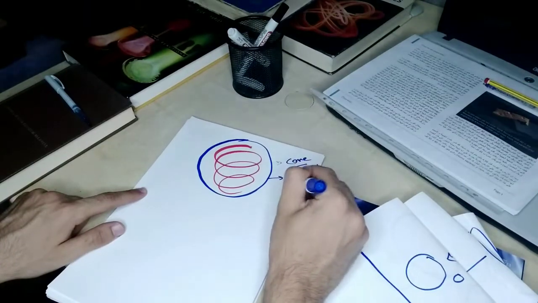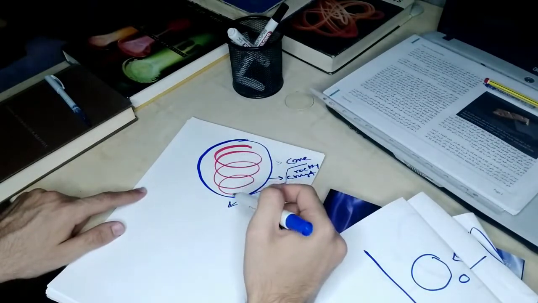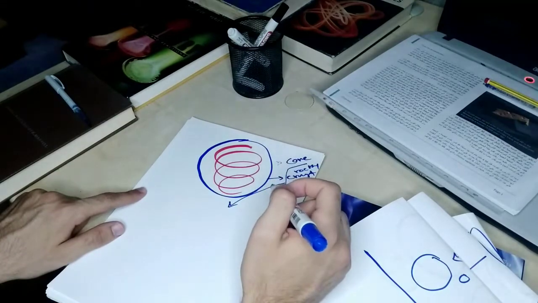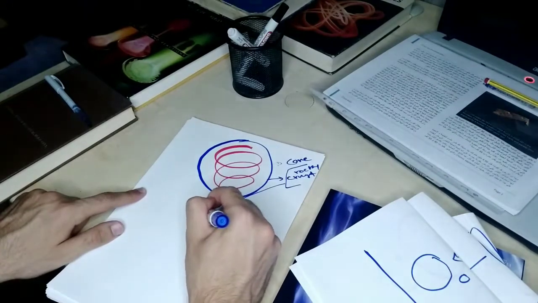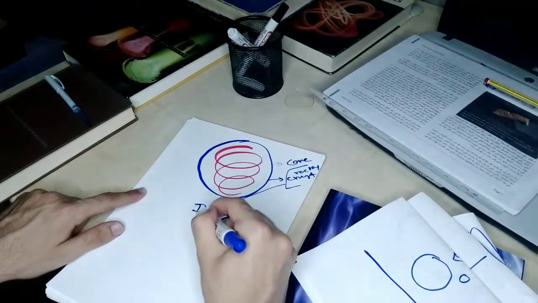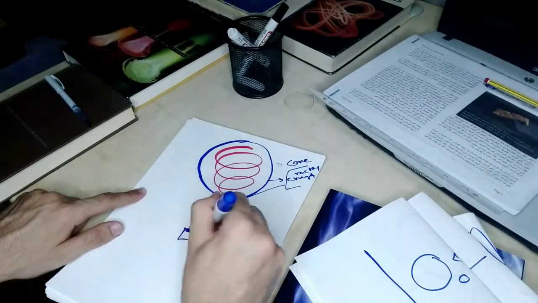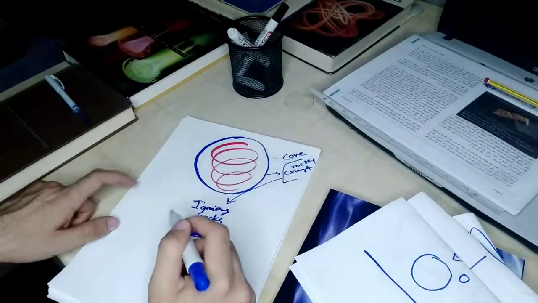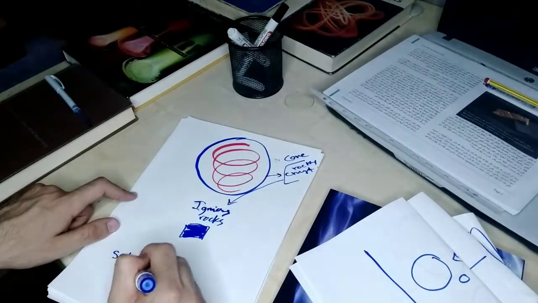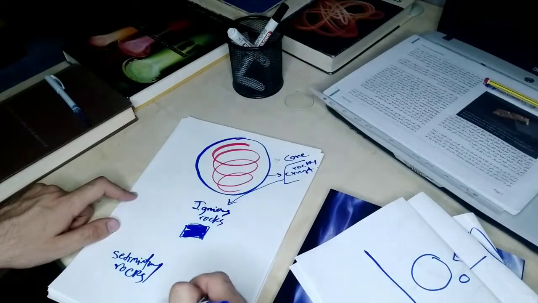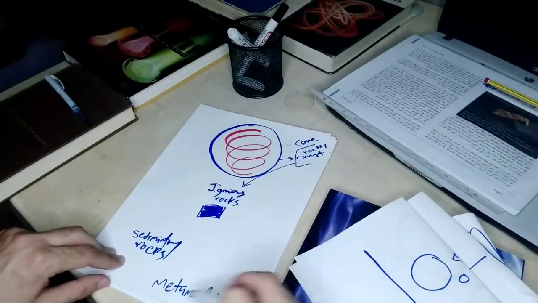The crust of the Earth consists of three main types of rock: igneous rocks, sedimentary rocks, and metamorphic rocks.